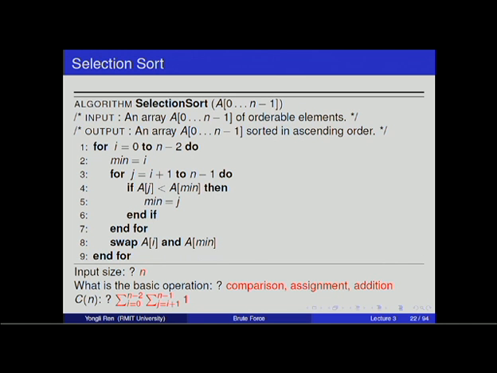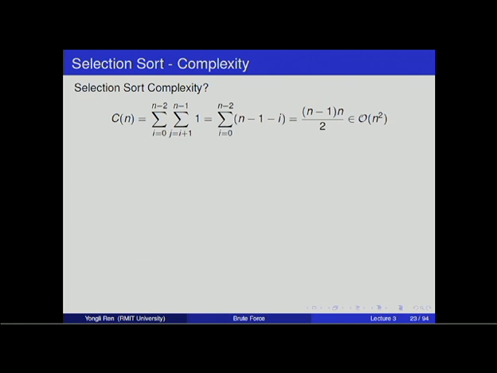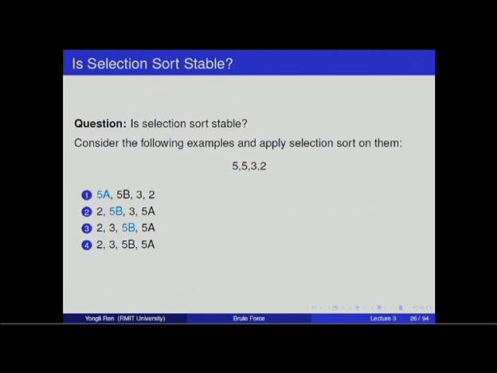That's okay. But the correct answer here actually is, for selection sort, it is not stable. Why? I will give you an illustration of how we actually sort it. We start from 5A and scan the rest to find the smallest one. We get 2 is the smallest.